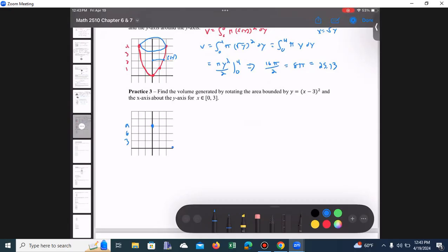When x is 1, we get negative 2 squared, which is 4, somewhere around here. And when x is 2, we get negative 1 squared, which is 1, so somewhere down here. So it's just kind of a shape here.